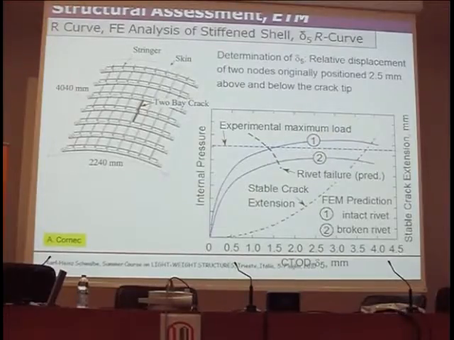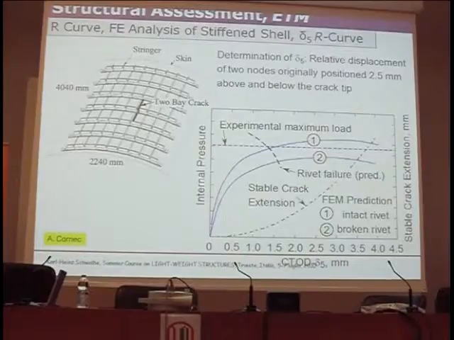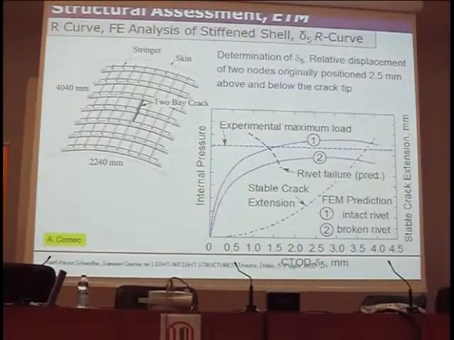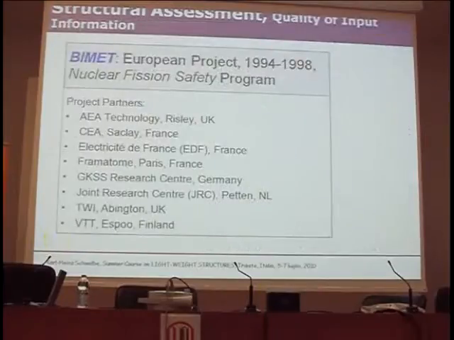Fine. Now I'm coming to a different point, which has nothing to do with lightweight structures, but it shows you an important lesson that we had to learn, and it can happen everywhere, not just in lightweight structures. Years ago, we had a relatively large EU project called BIMET, Bimetallic Weld.